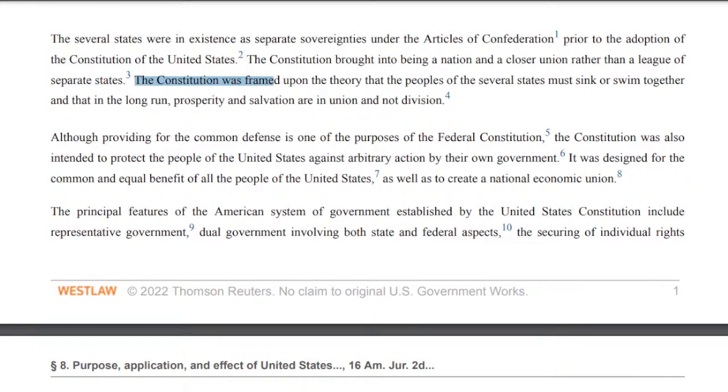The Constitution was framed upon the theory that the peoples of several states must sink or swim together, and that in the long run, prosperity and salvation are in union and not division. You got that? Prosperity and salvation are in union, not division. And that's, of course, in the long run.